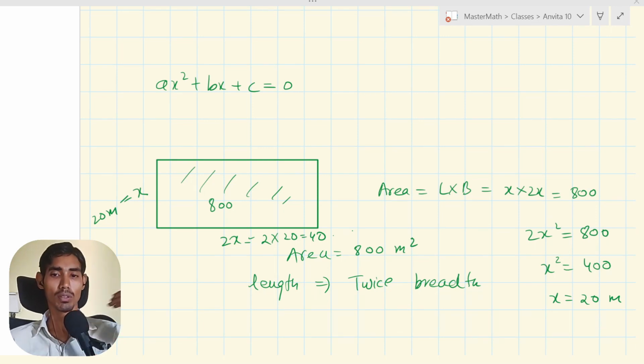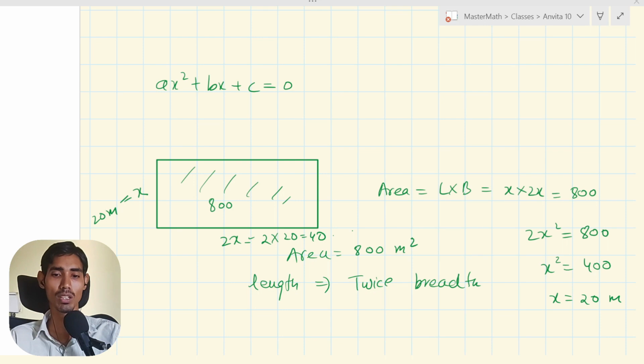In this particular chapter, are we going to deal with one variable or two variables? One variable. In the last chapter we studied linear equations in two variables.